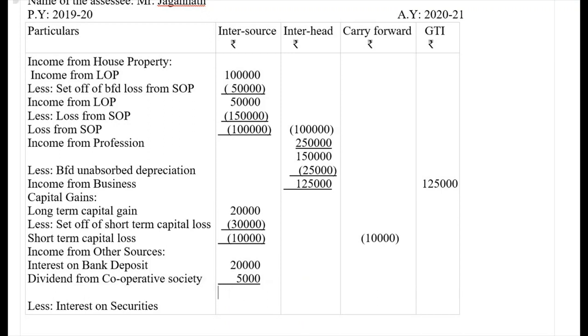Then the loss from interest on securities is also 25,000. So nothing is remaining, it will be nil. Now let us take the casual incomes.